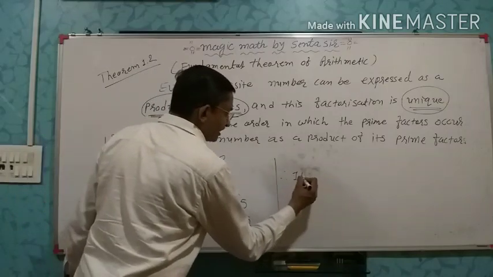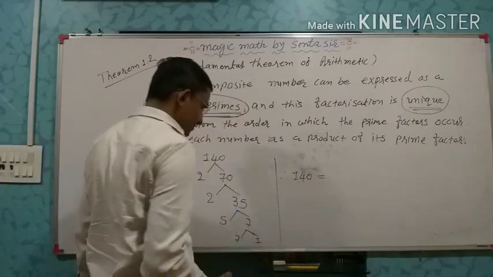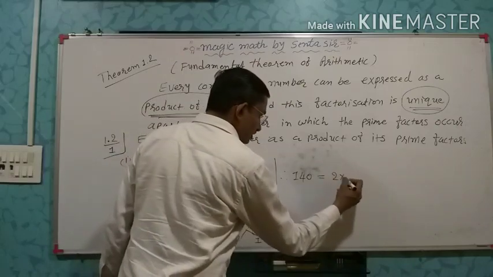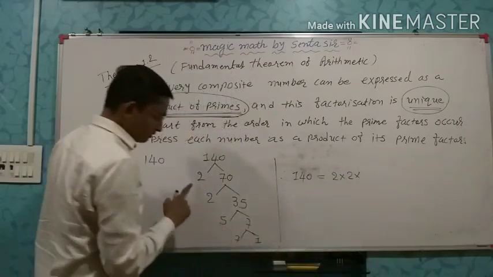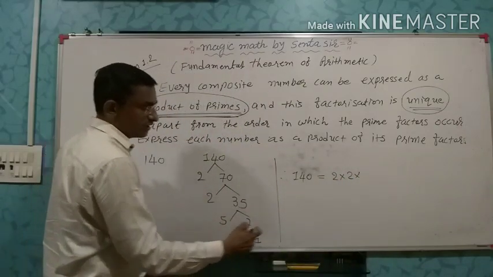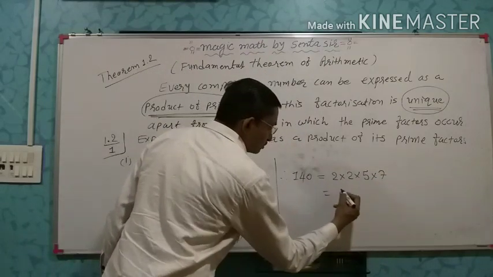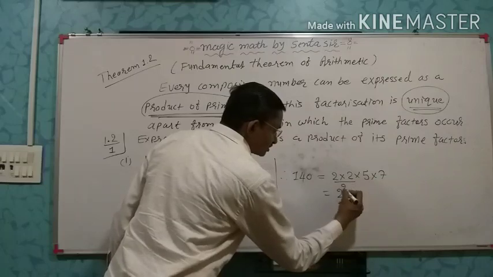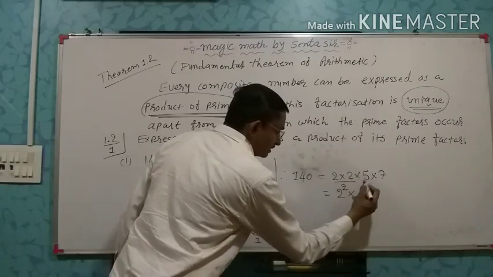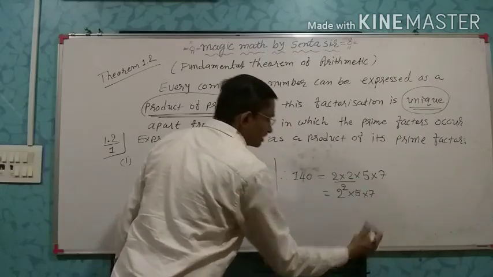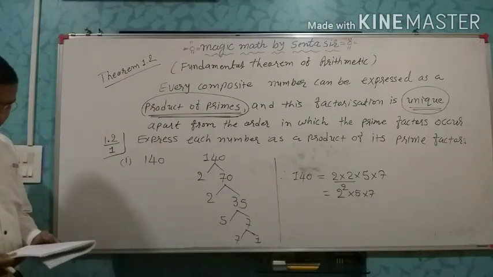Therefore, 140 can be expressed as 2 into 2 into 5 into 7, which is equal to 2 squared into 5 into 7. This is the answer.